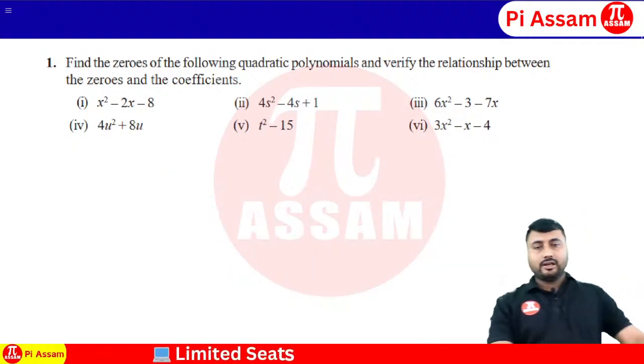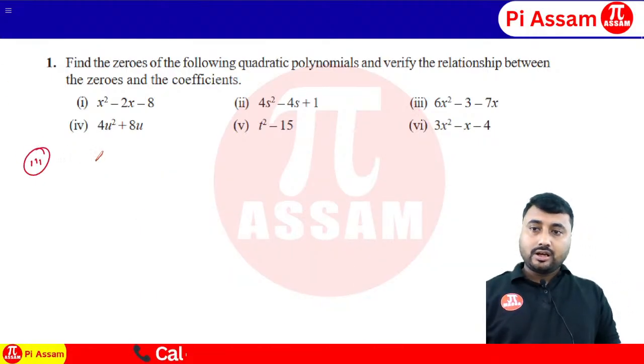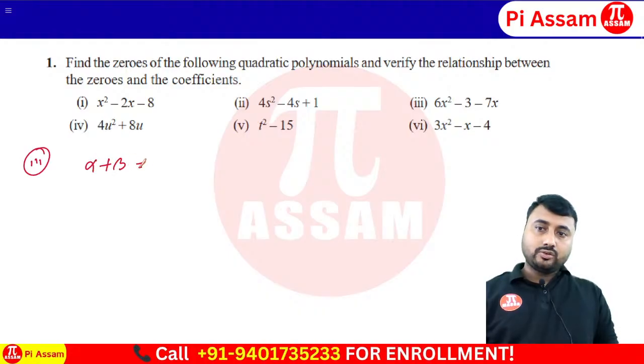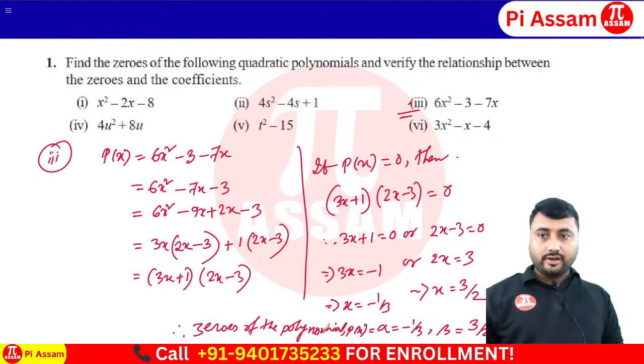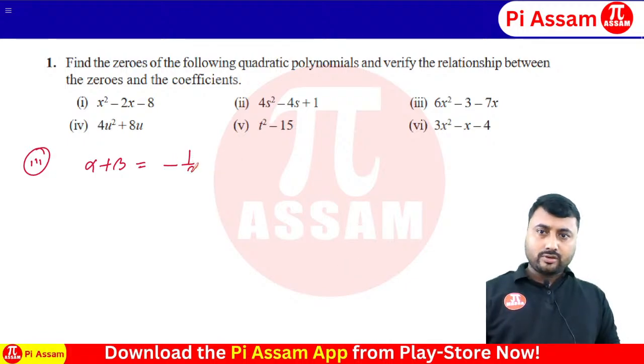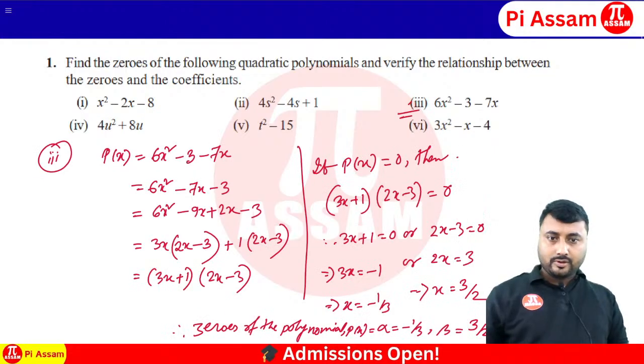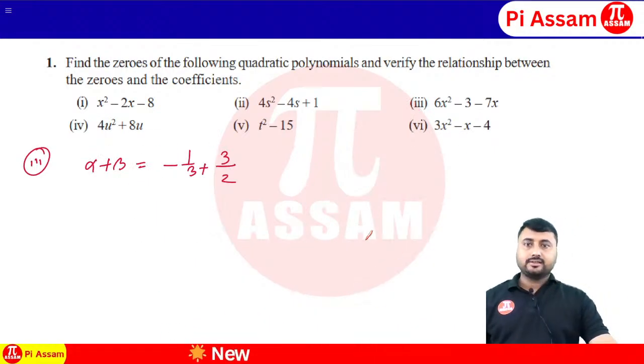So similarly, you can check question number 3. Alpha plus beta will be how much? So here alpha is minus 1 by 3 plus beta is 3 by 2, right? You can check this one.